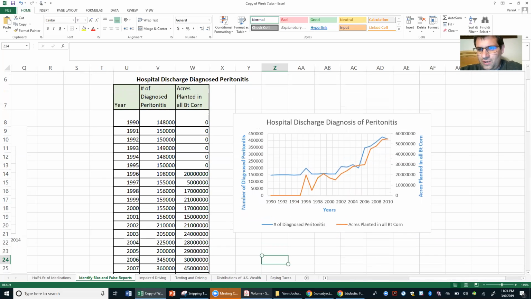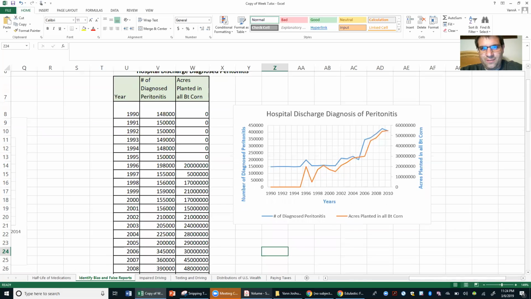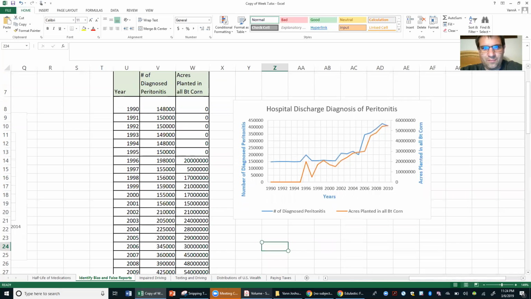And we also did a line chart on this to show, as far as the years, how many diagnoses per year of this disease, and then how many acres of corn were actually planted.